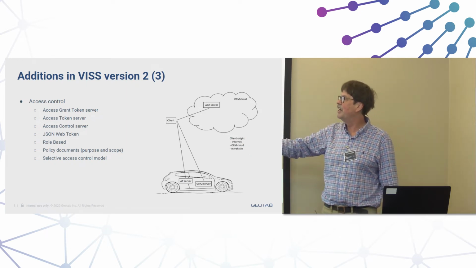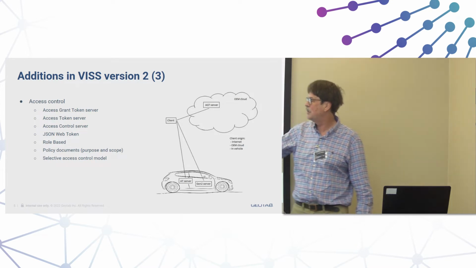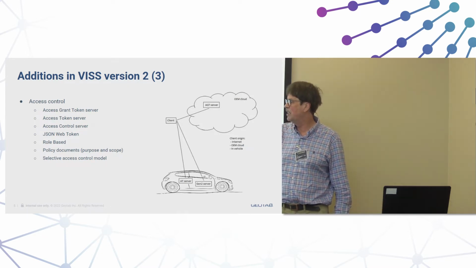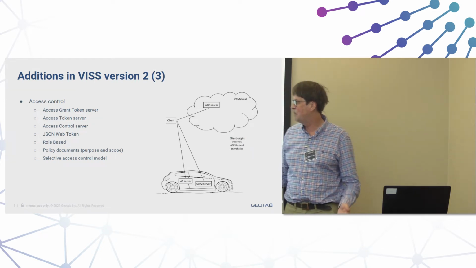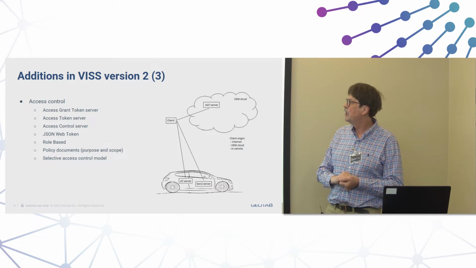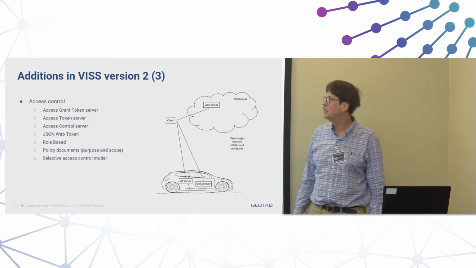And then if it gets that, it gets a new access token back. That is used in the third call, which is to the VISS version 2 server, here it says Gen 2, but that's old information, for the actual request for signals.